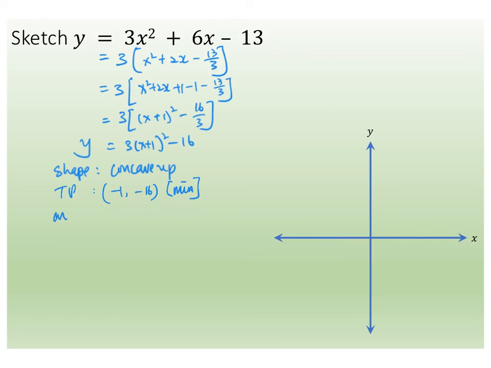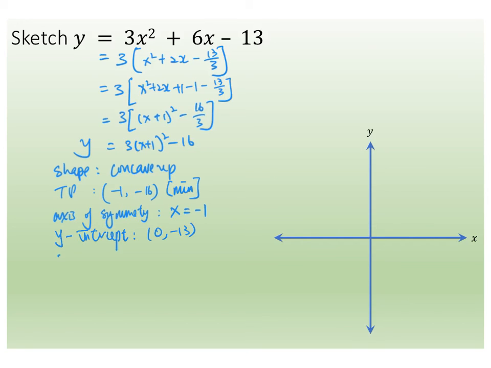And then the axis of symmetry is x equals to minus 1. And y-intercept is 0, minus 13. That is from the general form of the equation.